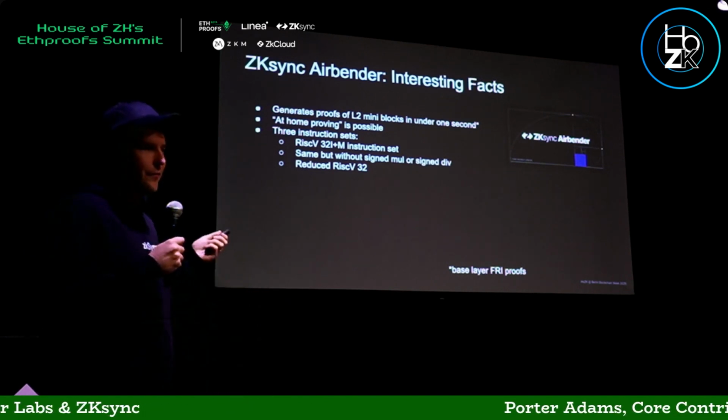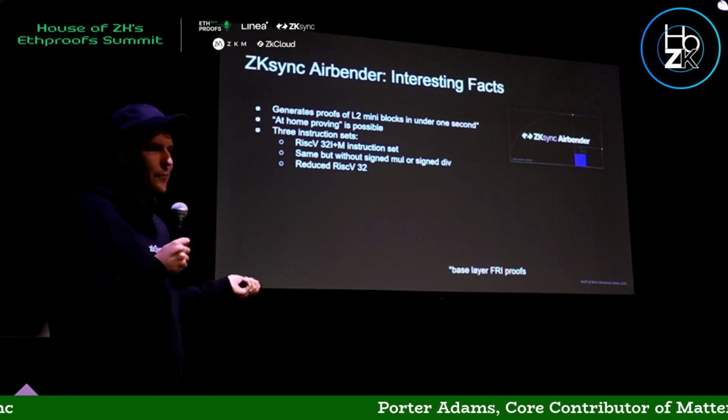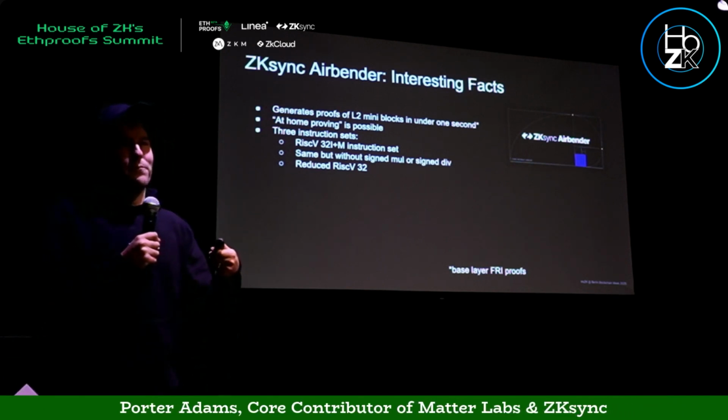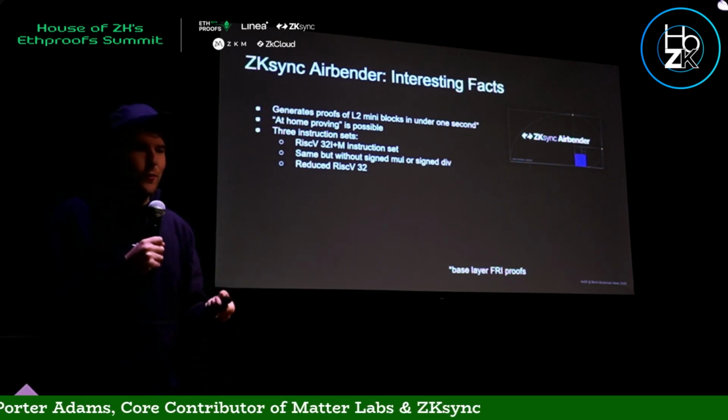But we have these reduced instruction sets that we use throughout the recursion layers, because when we're proving recursively, we know exactly the format of what's coming in. And so we don't need to be able to prove anything in the world. We need to prove something very specific. And so we can reduce the number of instructions that we even need.